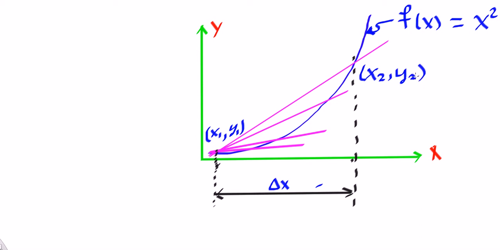Now, between x1 and x2, we have delta x distance. Imagine what would happen if delta x becomes smaller and smaller. And as a limit, we could imagine that delta x would go to 0.